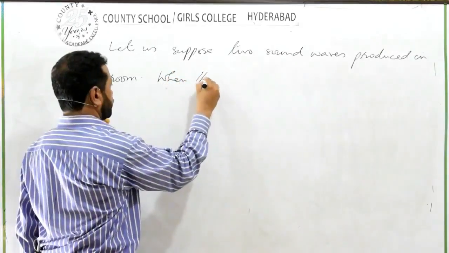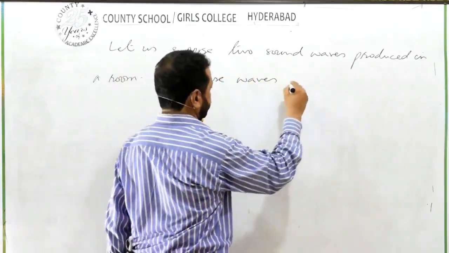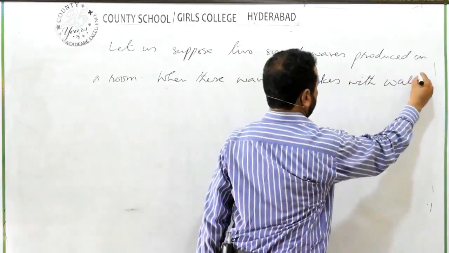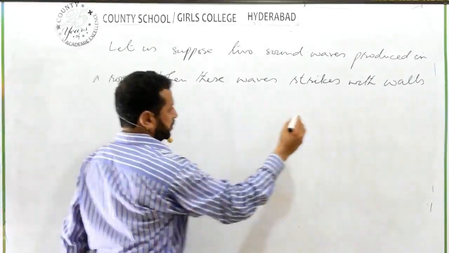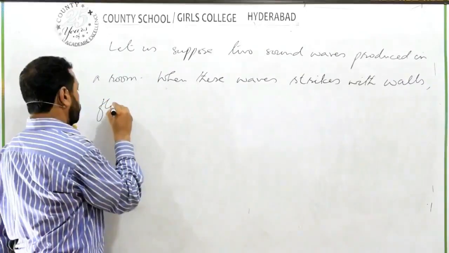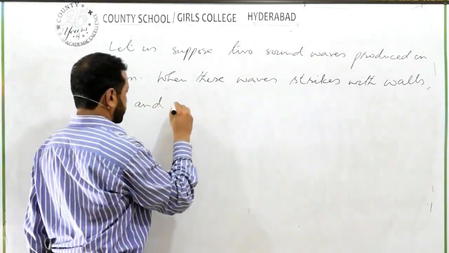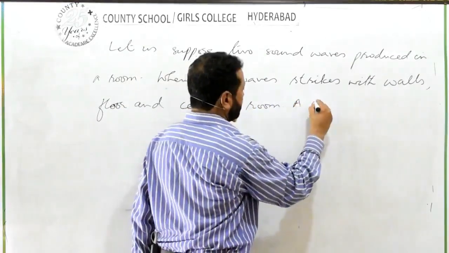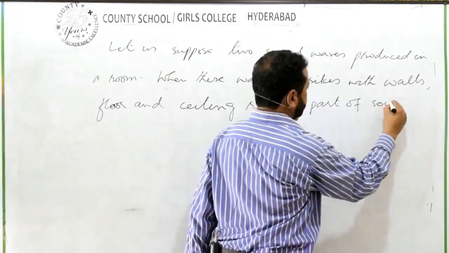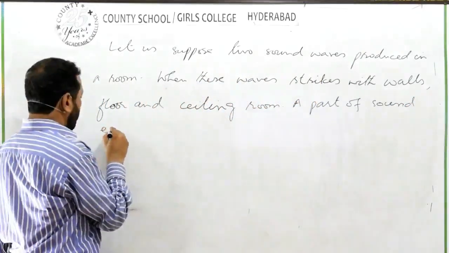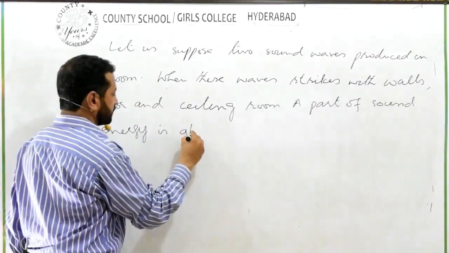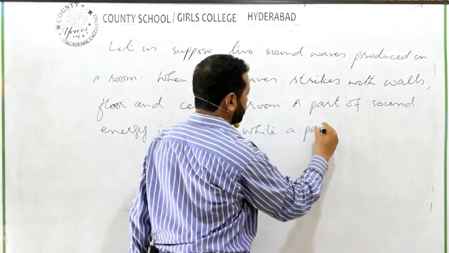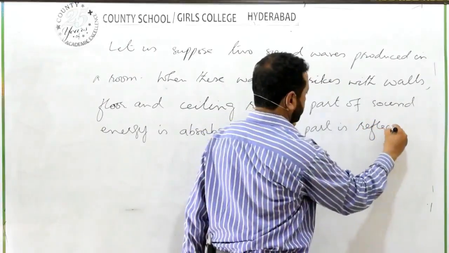When these waves strike the walls, floor, and ceiling of the room, a part of the sound energy is absorbed while a part is reflected back.